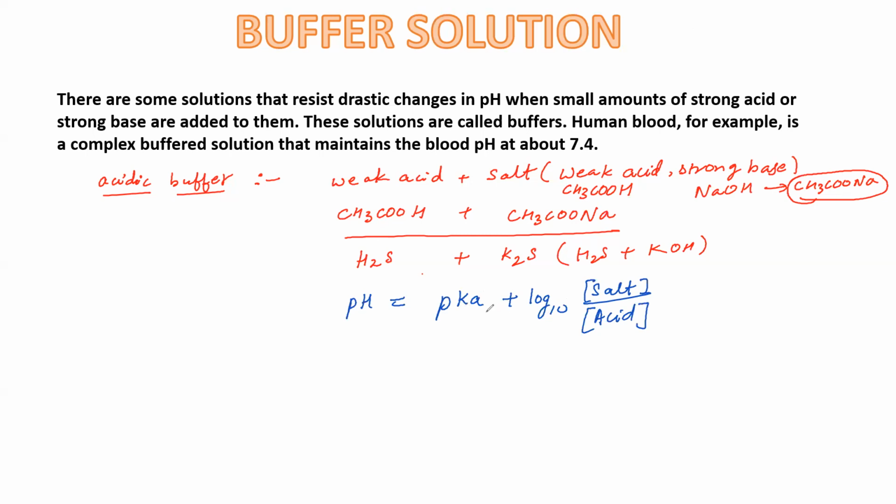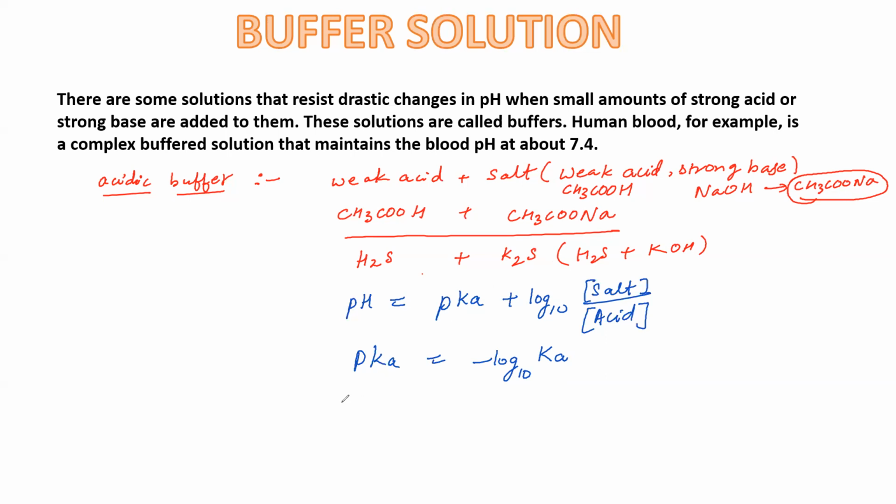Now what is this pKa? How to find this pKa? pKa is basically the negative logarithm of Ka. Ka is the dissociation constant of an acid. I hope you know what Ka is. So this is for the acidic buffer.